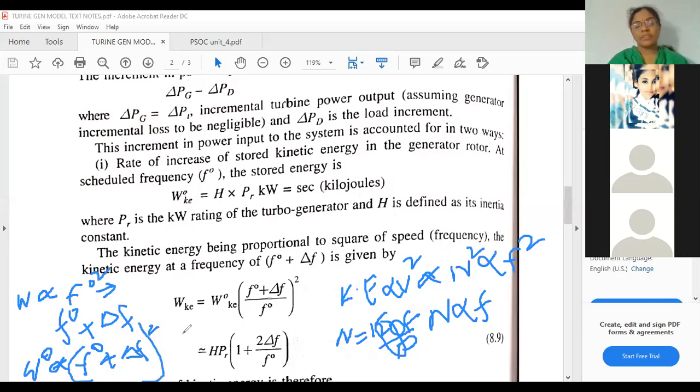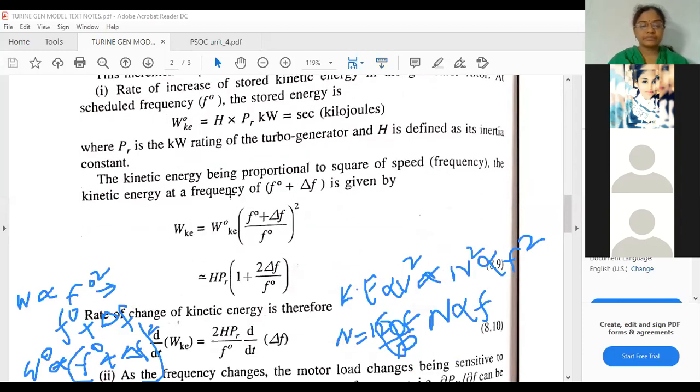So is it clear to everyone? How are we getting this formula? First of all, the load is constant, so the kinetic energy is proportional to the frequency square. Next, if the load is changed, the frequency also changes.